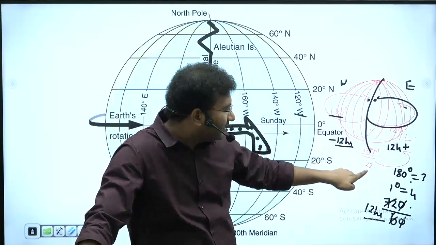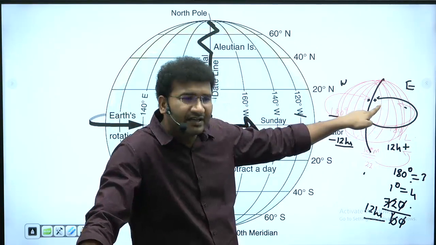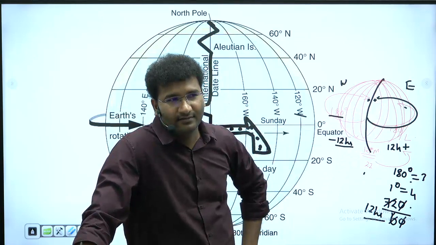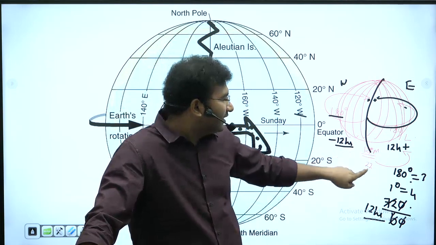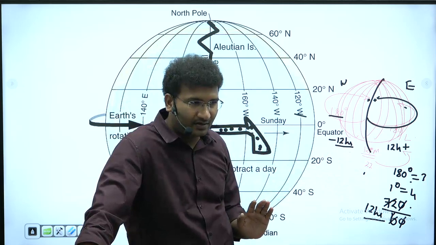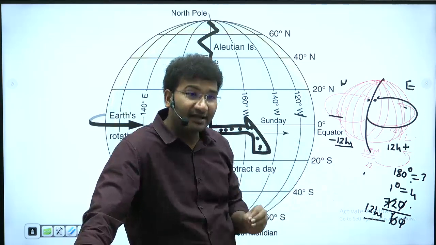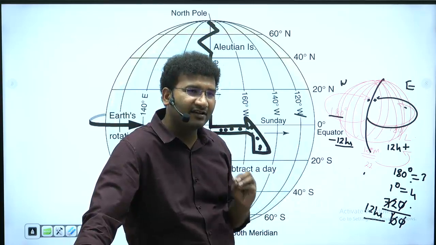If it is 12 p.m. on the 22nd day, at 179 degrees east, what will be the time? If I am asking, 12 p.m. on the 22nd is the time on the Greenwich meridian. What is the time and date on 179 degrees east?